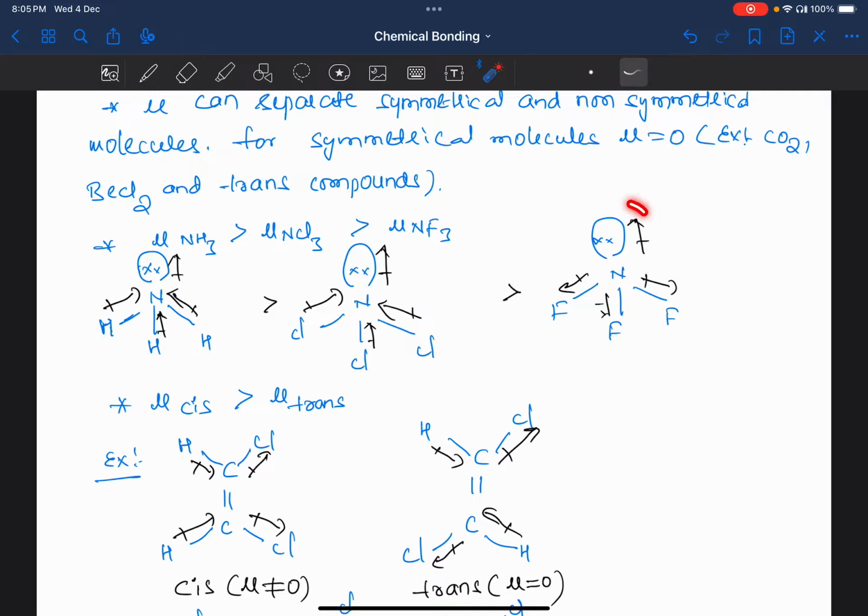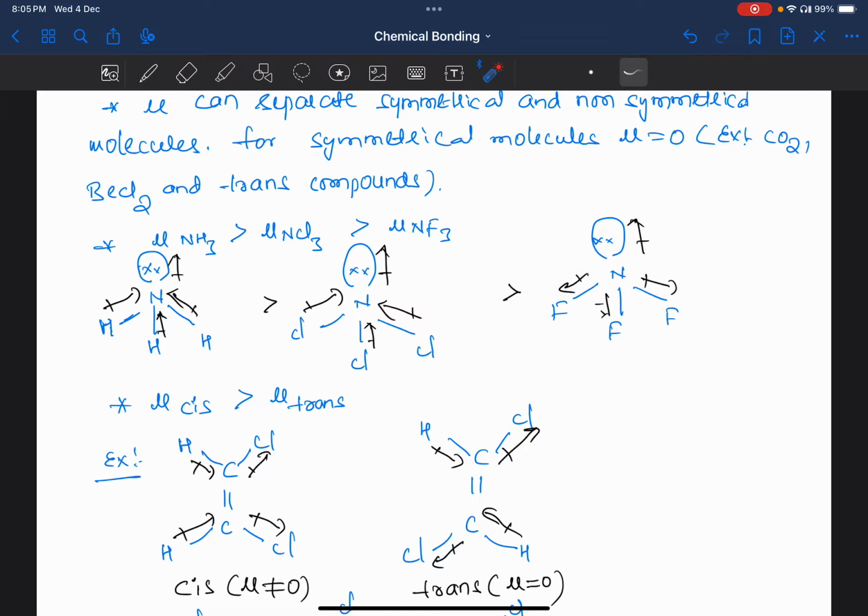In the nitrogen trifluoride molecule, nitrogen is less electronegative than fluorine, therefore the directions are indicated from nitrogen to fluorine. So there is one direction in the upward side and the remaining three are downward.